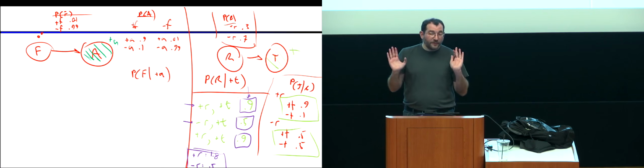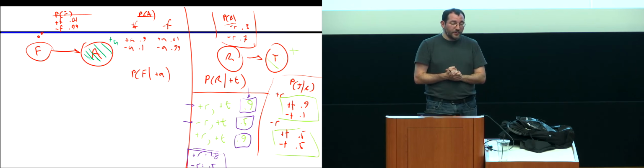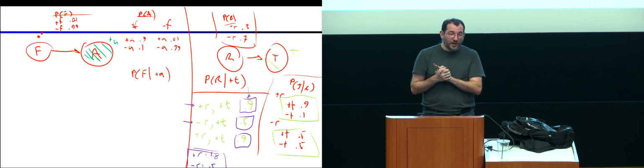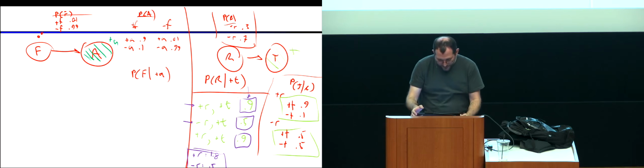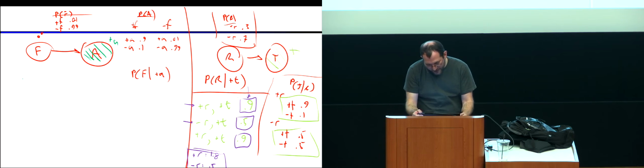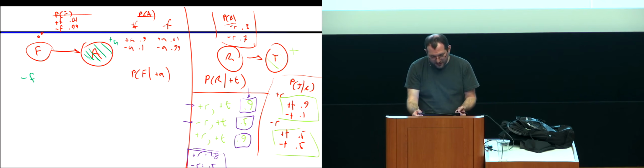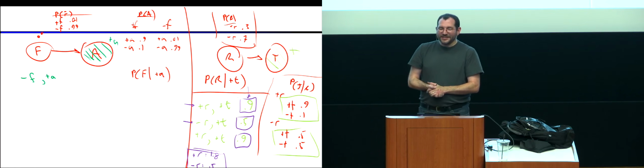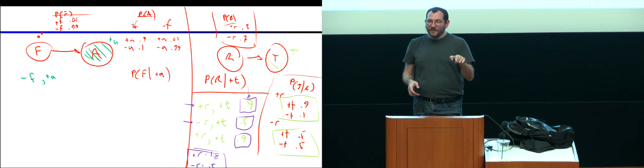Okay, now we're not going to do rejection sampling, we're going to do likelihood weighting. I promise every sample will come off with the alarm going off. So let's do it. We're going to flip a coin at F, and we're going to get minus, because you always get minus, right? 99% of the time you get minus. But, hey, plus A. But there's a weight, because if I had picked minus F, what's the chance that I actually would have for reals gotten plus A?